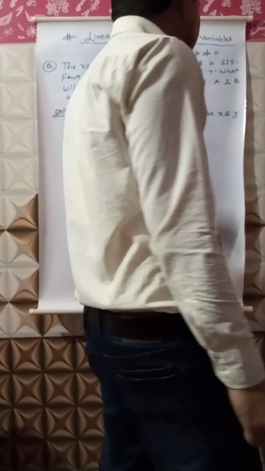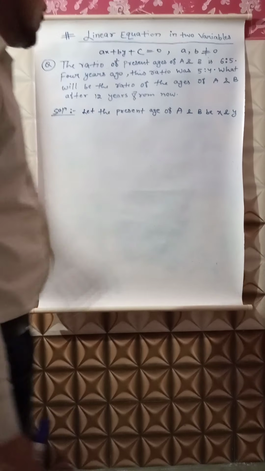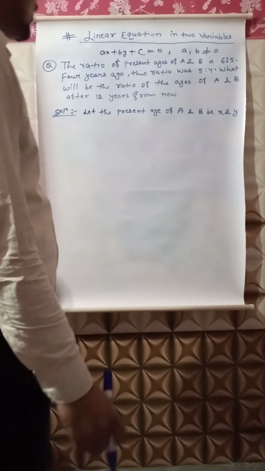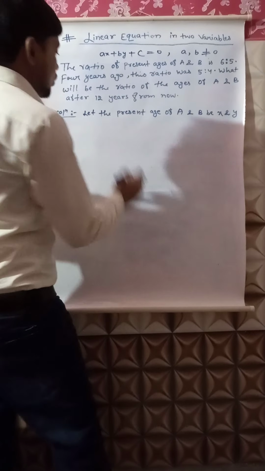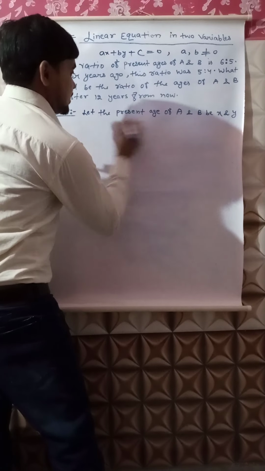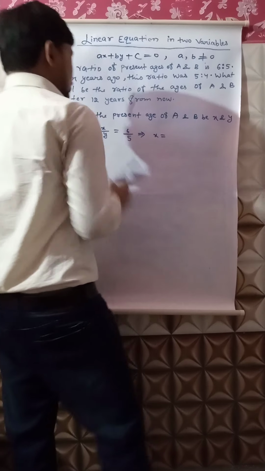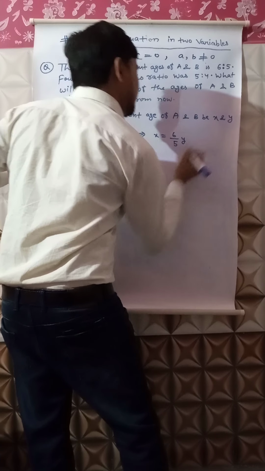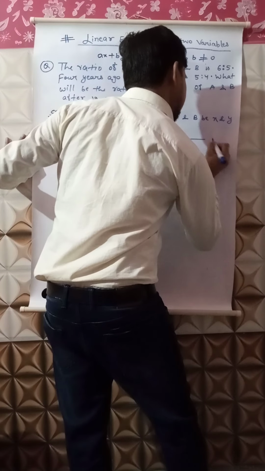Here we have taken x and y as two variables. Our question is saying the present age of A and B is 6:5. So from the question, x upon y will be 6 upon 5. So from here we can find the x value. So x will be 6 upon 5 into y. So this is our first equation.